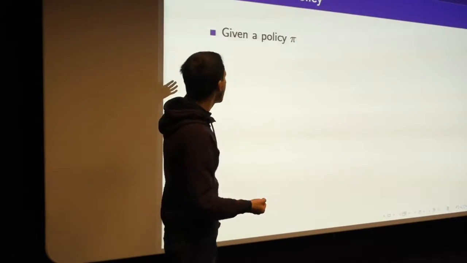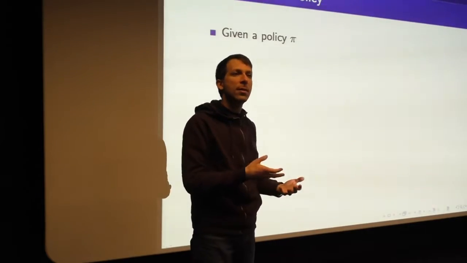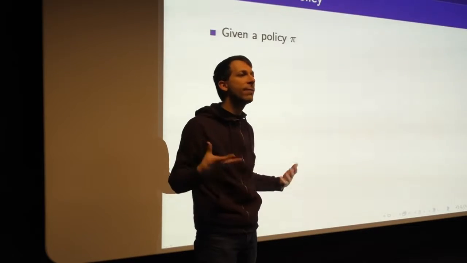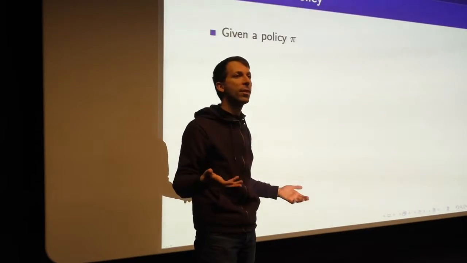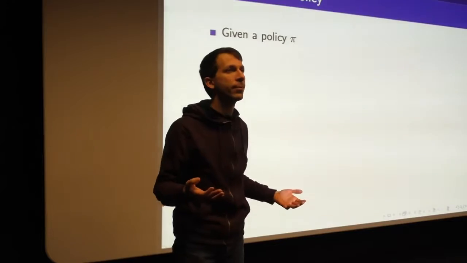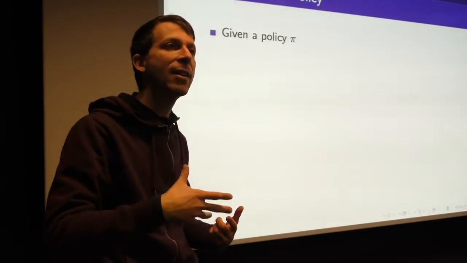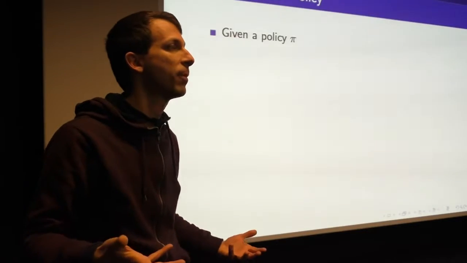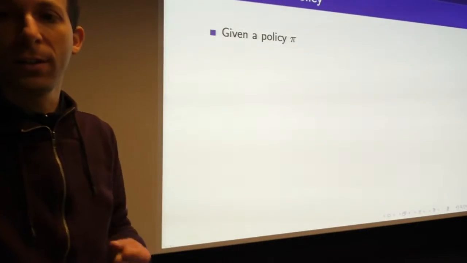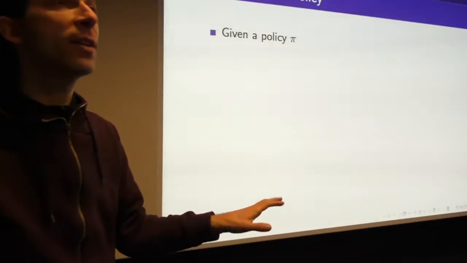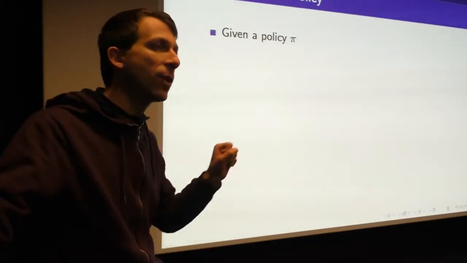If someone gives you a policy pi, how can you give back some new policy that you can say for certain will be better than the one you had before? If we had such a process, we could apply it again and again, and we would eventually end up finding the optimal policy. That's the intuition.